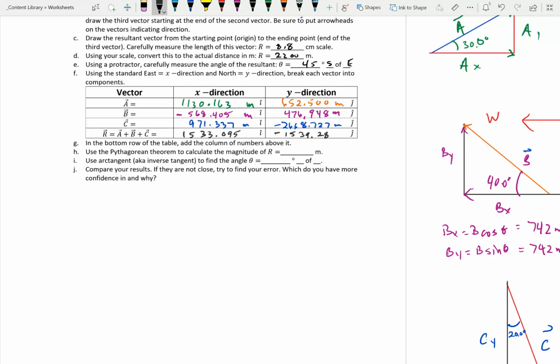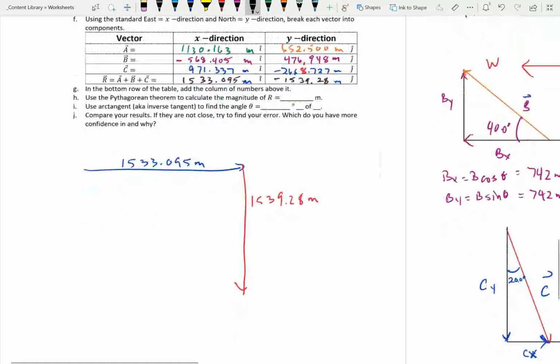Use Pythagorean theorem. Well, what I have right now is two components. 1533.095 meters. 1539.28 meters, and I want to find the hypotenuse.